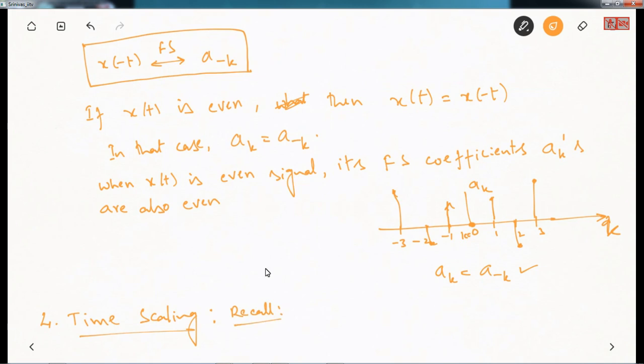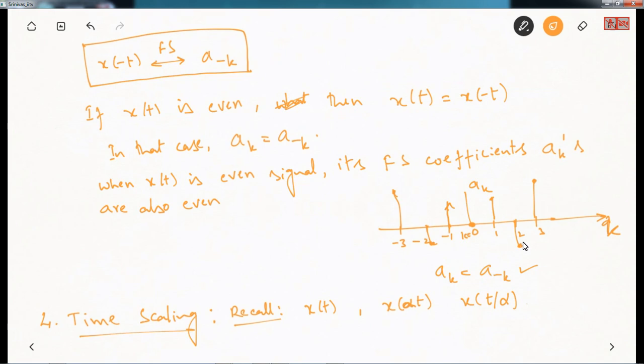Before discussing time scaling, let us recall what time scaling is. If x of t is the signal, then time scaling is x of alpha t or x of t by alpha, right? So these are the time scaled versions of x of t.